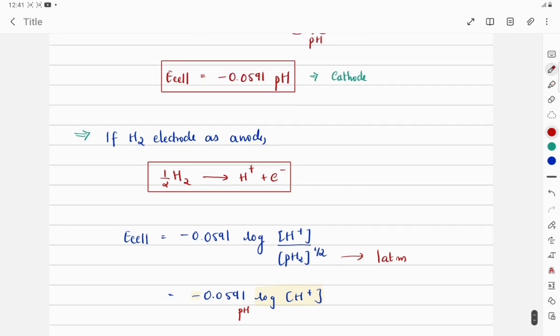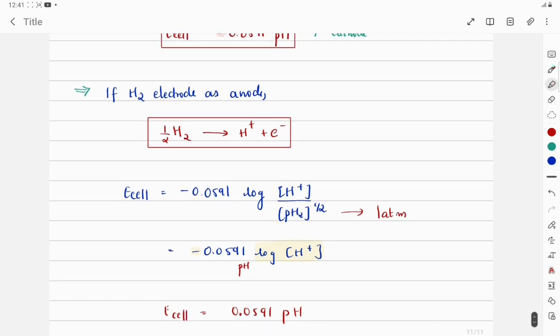In the earlier equation, there was a minus sign. That is, when hydrogen electrode was cathode, E cell was minus 0.0591 pH. But when it is anode, there is no negative sign. It is E cell is equal to just plus 0.0591 into pH. So this is the difference when the electrode acts as anode or cathode.